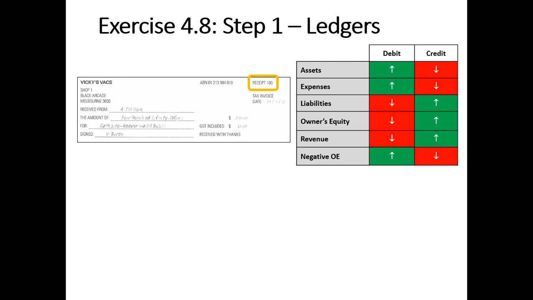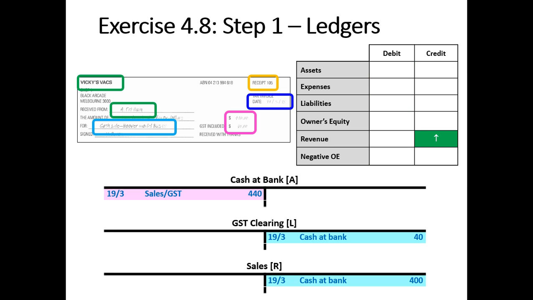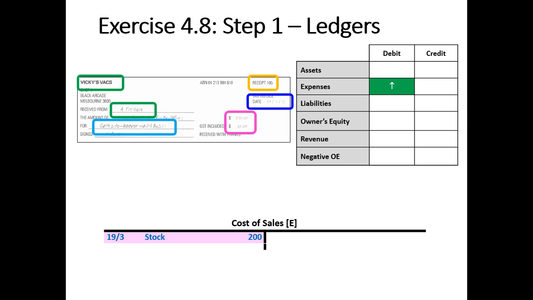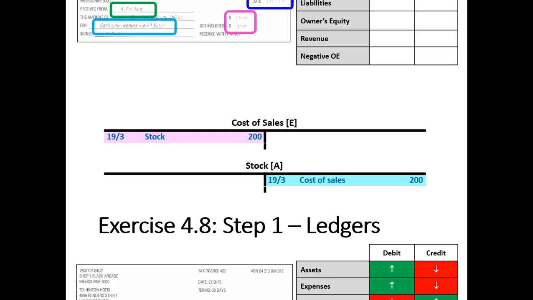Another cash receipt, and this time it's for another cash sale of $440 including GST. Debit to cash, credit to GST, credit to sales, and we'll deal with our cost of sale expense and less stock, which will be a credit to an asset.